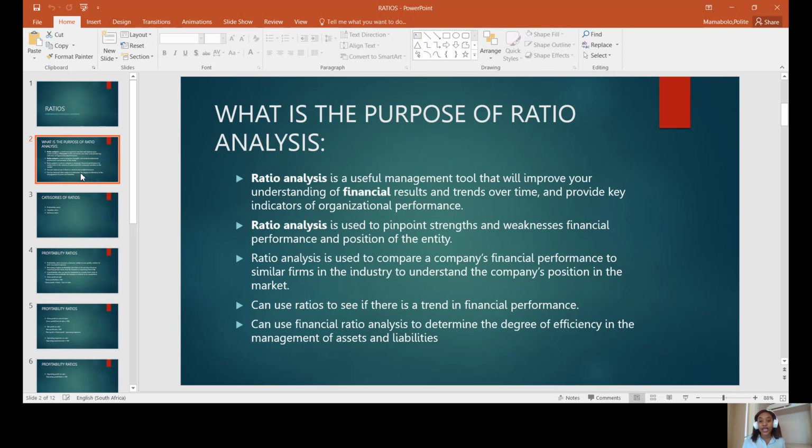It is also used to compare the company's financial performance to similar firms in the industry to understand the company's position in the market. You can also use it to see if there's any trend in the financial performance of the company. You can use it to determine the degree of efficiency in the management of assets and liabilities.